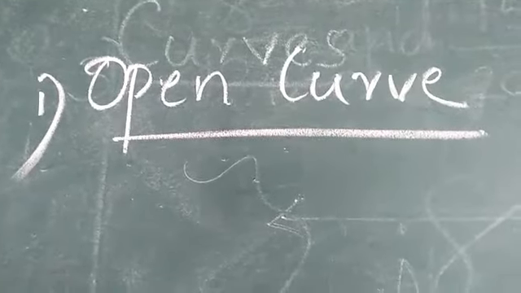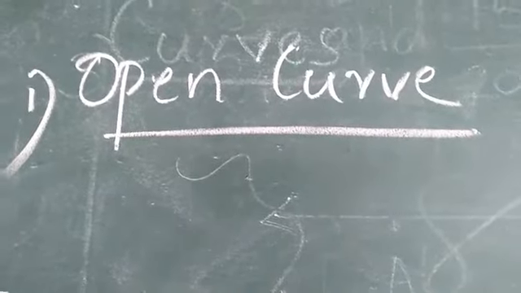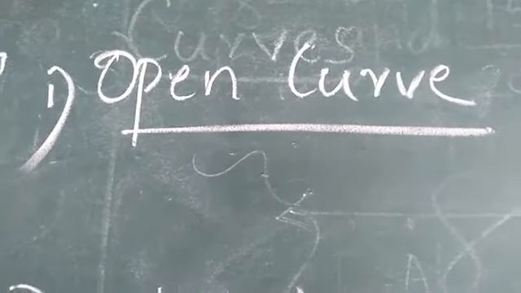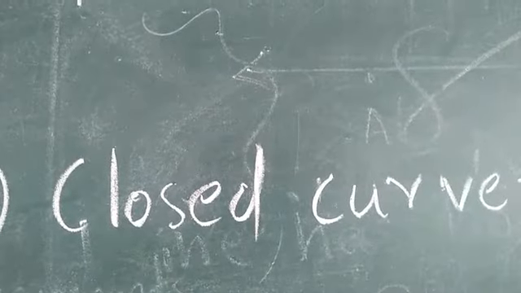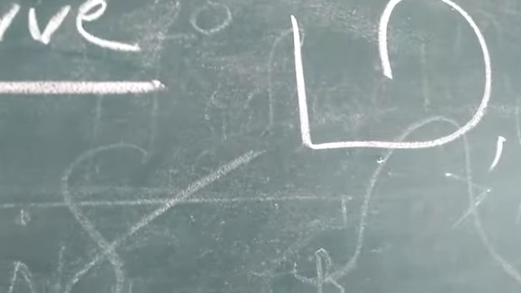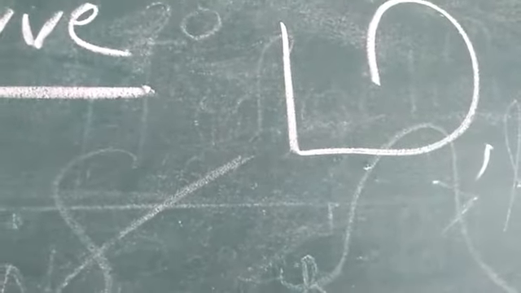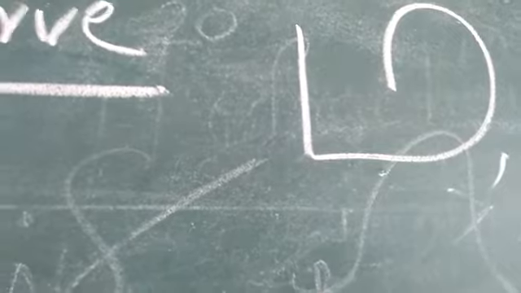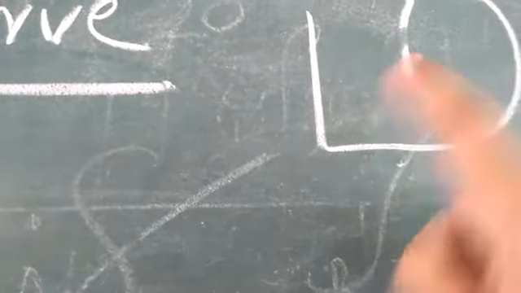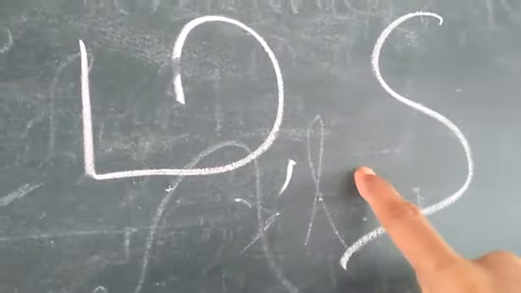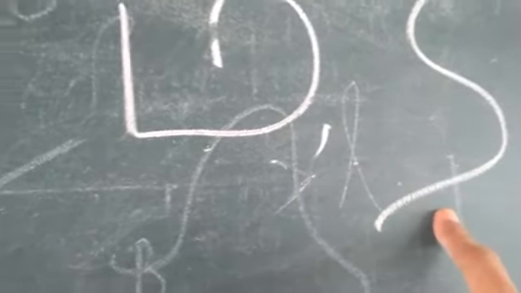Next, we can divide the curves into two types. First one, open curve. Second one, closed curve. Open curve means their starting point and ending point do not meet together. So, this figure is open here. It is not closed. Here in this figure also it is an open curve.